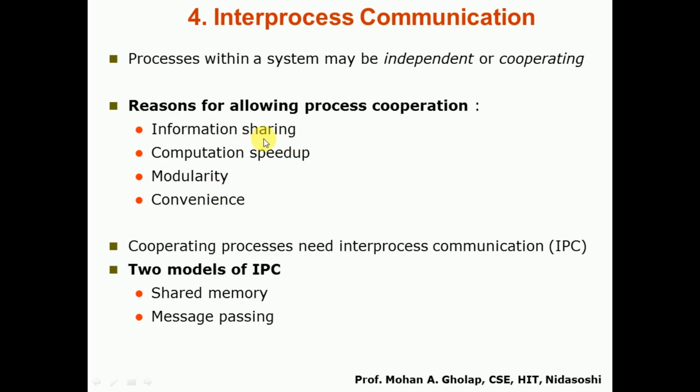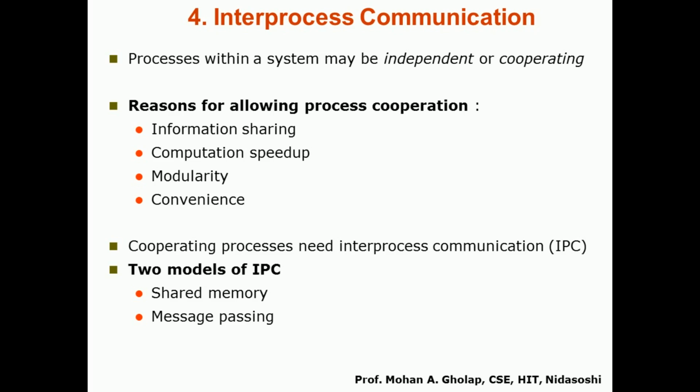The first one is information sharing. As I told you at the beginning, when a number of processes are executing, there may be some information that a number of processes may be interested in, or some information that every process will require.